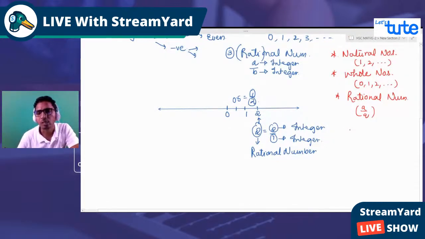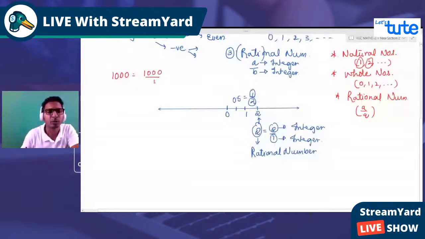Even the natural numbers are rational numbers, because every natural number can be written as a fraction where the denominator is 1. Like if I want to write 1000, it is an integer, but I can also write it as 1000 divided by 1. So this is a fraction, a ratio of two integers. So even this is a rational number.